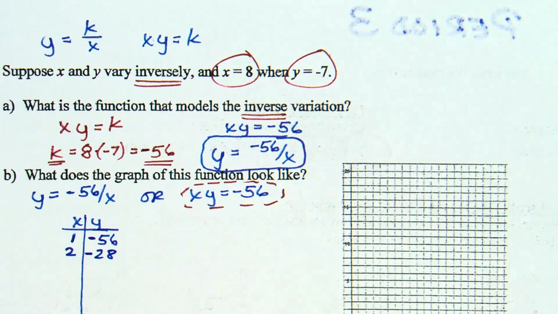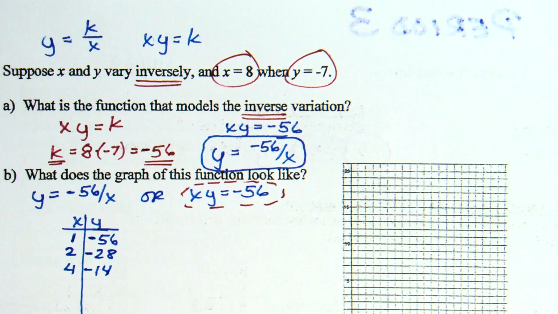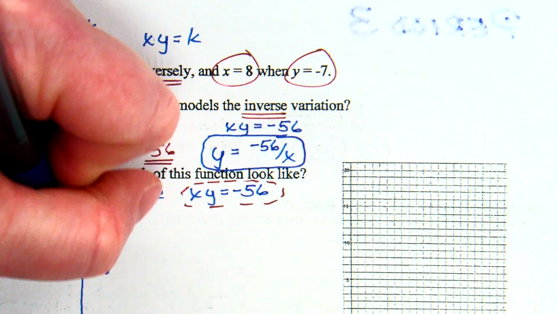Does 3 go into 56? It doesn't. If you're not sure, divide 56 by 3 in your calculator. 4? 4 and what? 14. So in this case, I'm going to say 4 and negative 14. 5? Definitely not. 6? No, because 3 didn't go. 7? This one you should know. 7 and what?